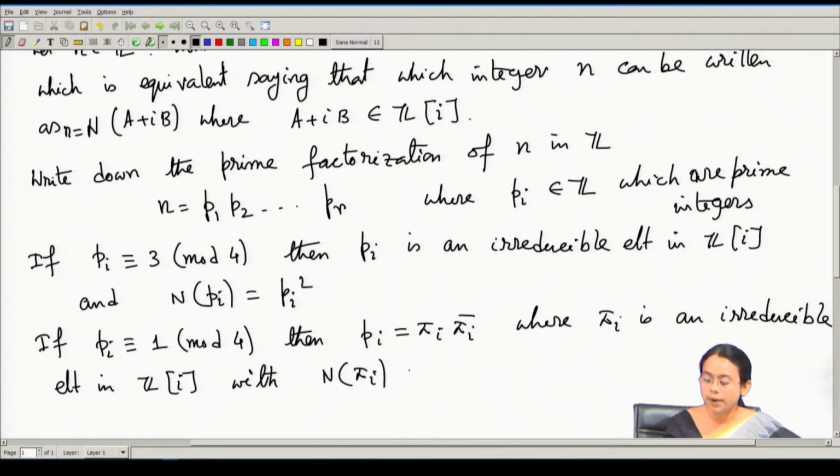So whenever we write this integer as a product of primes p1 up to pr, there are two choices for these pi's.